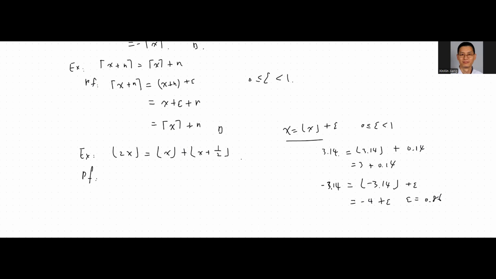Okay, so we're going to use that for x. So this one is just the floor of x, but for this one, x plus 1/2 equals the floor of x plus epsilon plus 1/2. Okay.